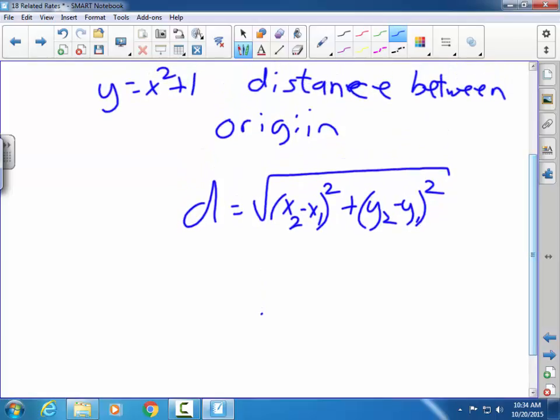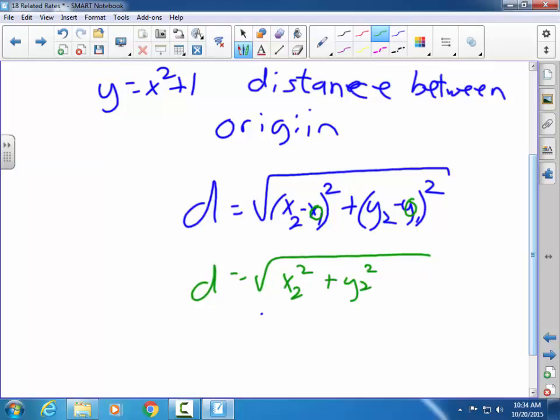Okay. So now, what are our 2 points? One's the origin. The other's a moving point. So let's say that the second one is 0, 0, because that's the origin. Well, now this simplifies to the square root of x sub 2 squared plus y sub 2 squared, right?